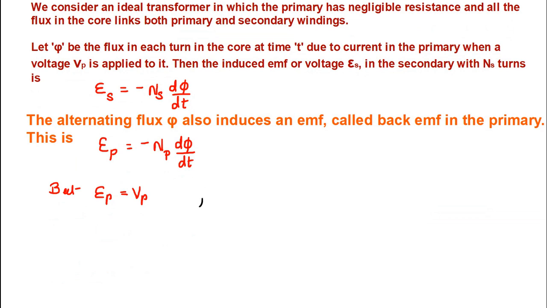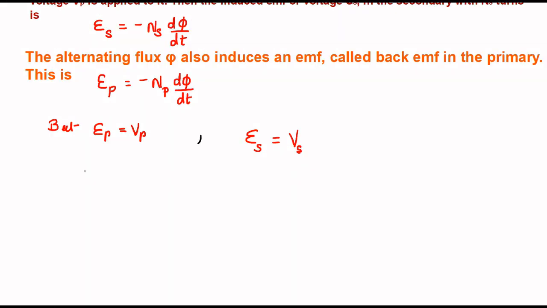and in the secondary the EMF Es can be written as voltage Vs if the circuit is closed. Vp is equal to minus Np d phi by dt.